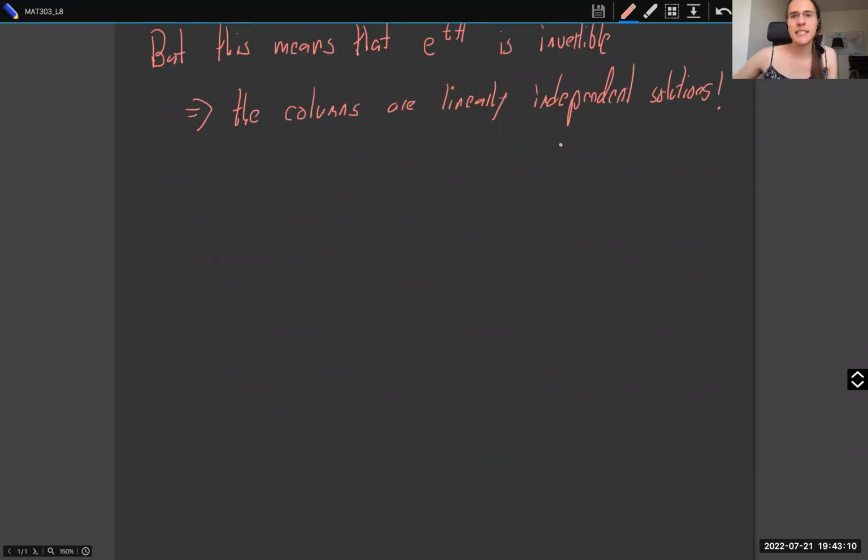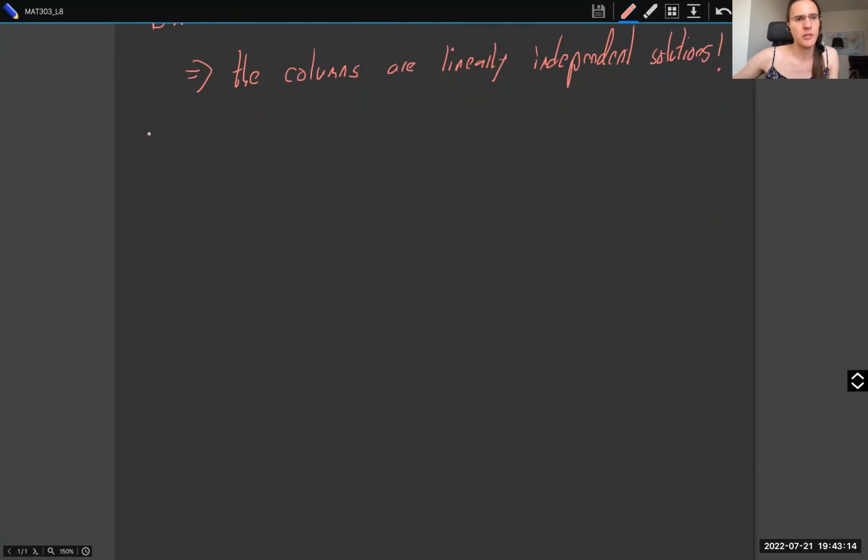Okay, so let's do an example of where we're actually able to calculate the matrix exponential. Suppose that A is equal to the matrix lambda, 1, 0; 0, lambda, 1; 0, 0, lambda.